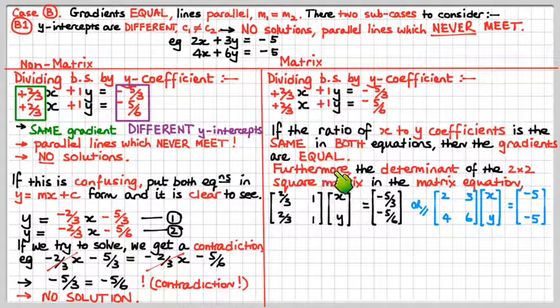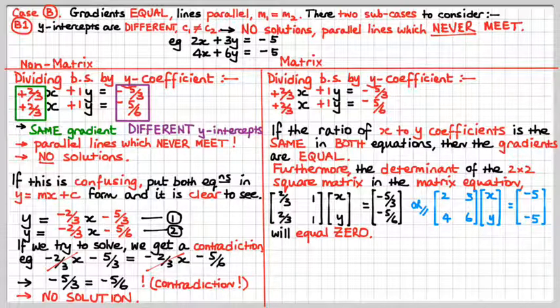Furthermore, not only that, but the determinant of the 2 by 2 square matrix in the matrix equation, or if you like, leaving it in its original form, will be 0. Will be 0 because look, you can see 2/3 times 1 minus 1 times 2/3 gets you 0, or alternatively 2 times 6 minus 3 times 4 gets you 0. Alright, the determinant is 0, whichever way you cut it, guys.